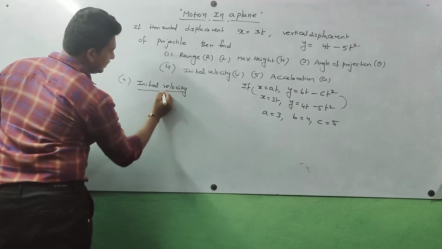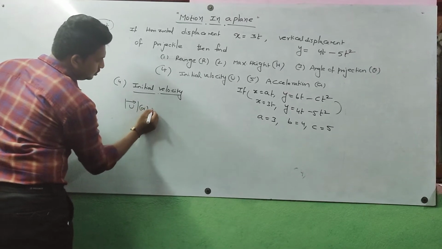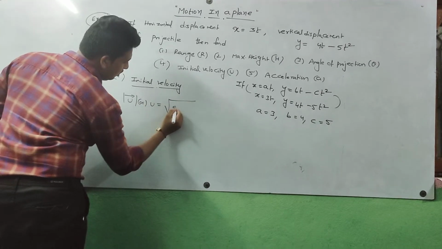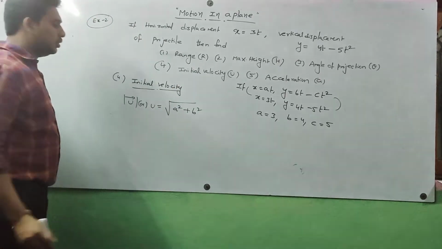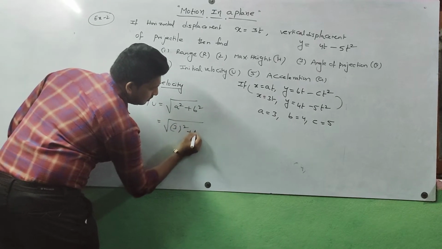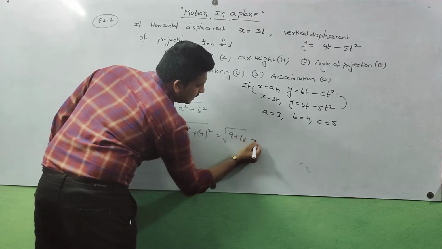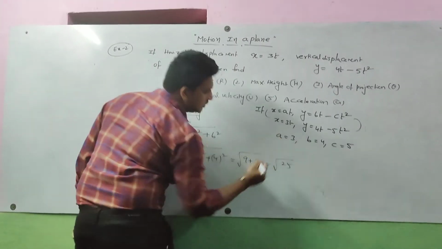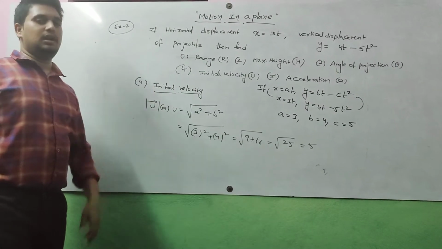It is indicated by modulus of u bar, or u is equal to square root of a square plus b square. So here square root of a means 3 square, b means 4 square. From this, square root of 9 plus 16, that is equal to square root of 25. Square root of 25 means 5. So here initial velocity we got 5.